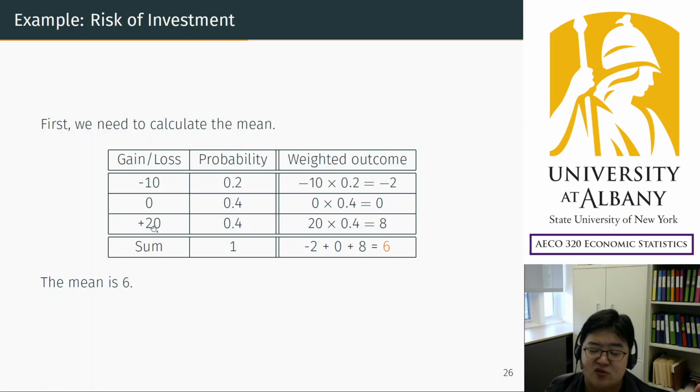Multiply plus 20 by 0.4, which is 8. So you have three probability weighted outcomes, minus 2, 0, 8, which sum to 6. So the mean is 6. Remember, the mean is the sum of probability weighted outcomes. That was the definition. The center is 6. So expectedly, this investment will give you $6, right?